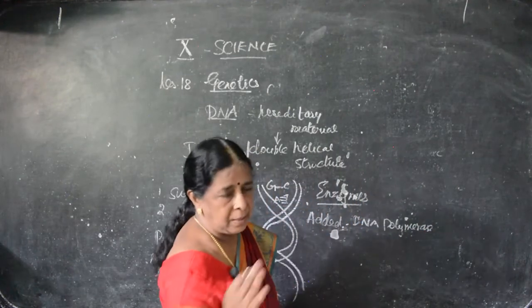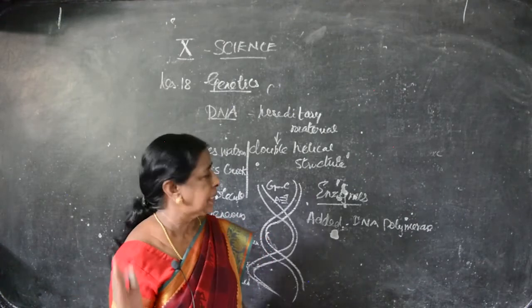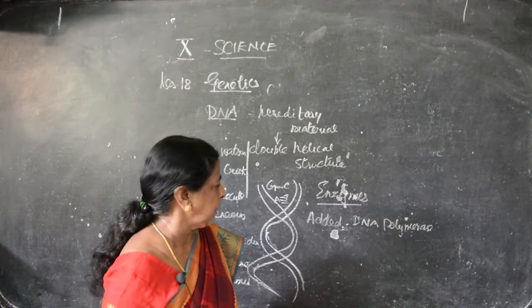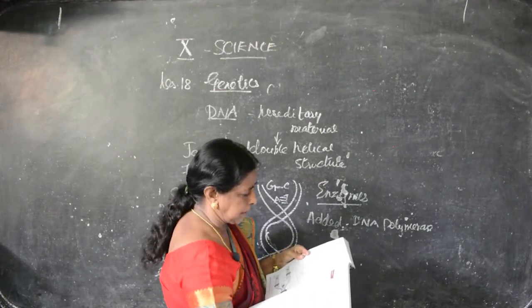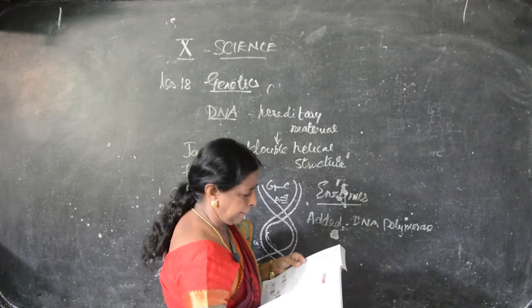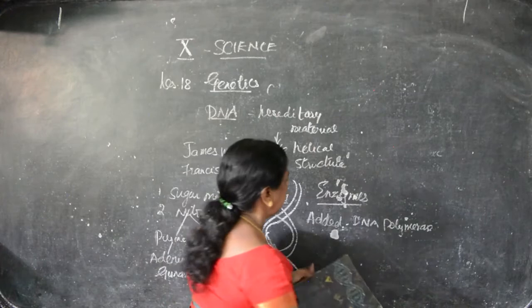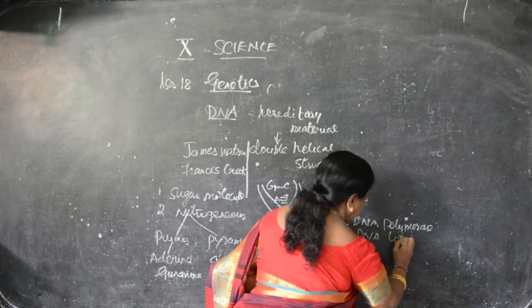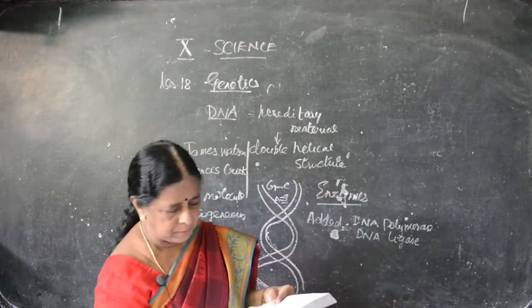Suppose the DNA is in many bits, the bits can be joined by using ligase. What is ligase? DNA polymerase for joining, and for cutting, that is the molecular scissor.